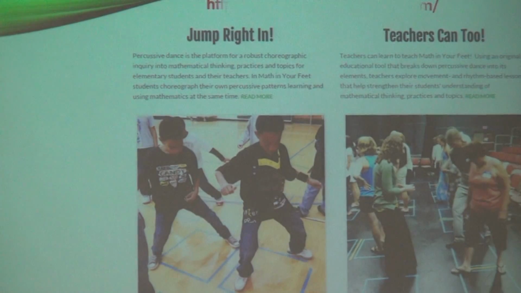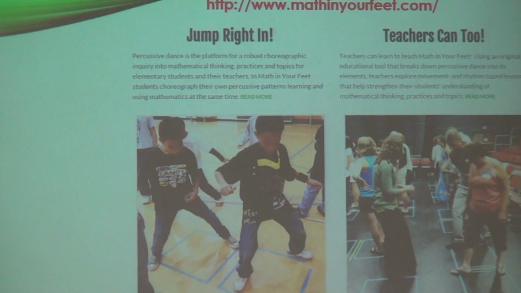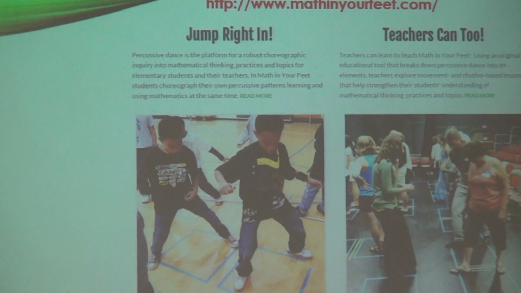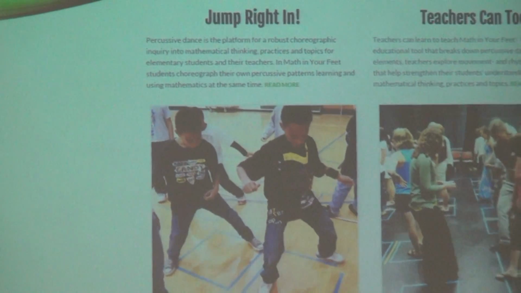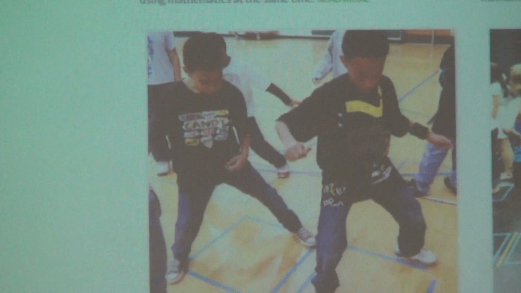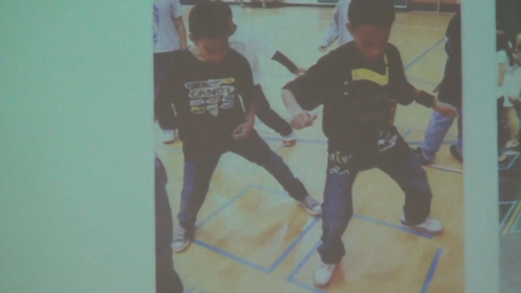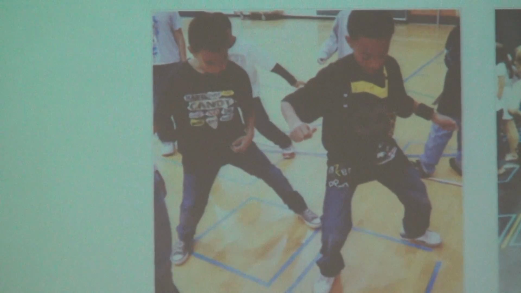This is the website Math in Your Feet. It teaches reflection of pairs of dancers doing reflective moves, where one mimics the other, or possibly one dance move is being reflected by the other partner and so on.